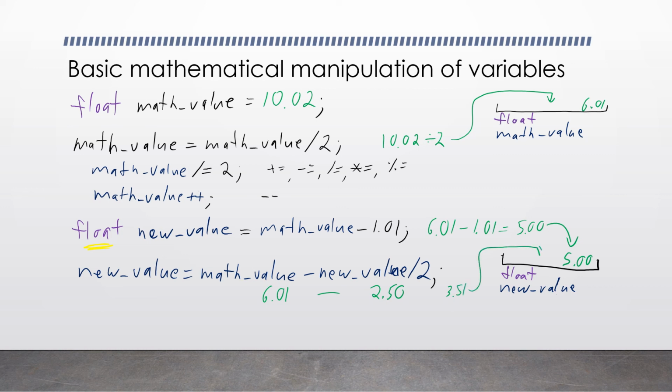And now we'll stick that result in new value, because that's where we told the computer to stick the new value. So you can do all sorts of manipulations with variables once you have them. Store values, reuse values, manipulate values, all sorts of things.